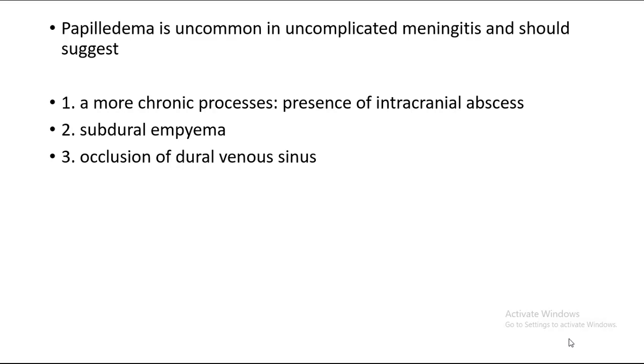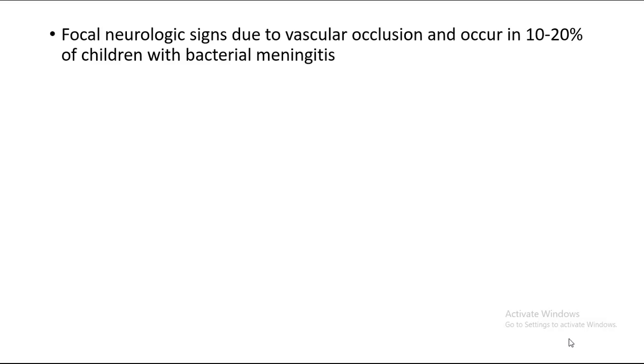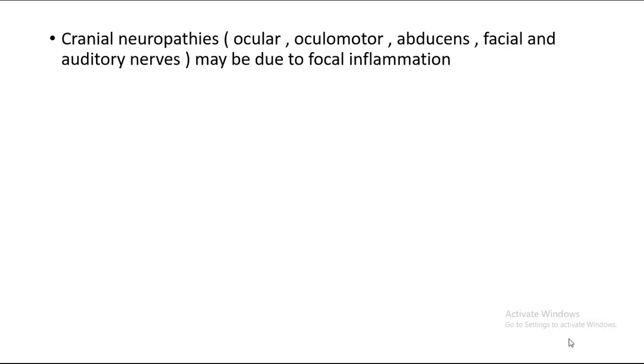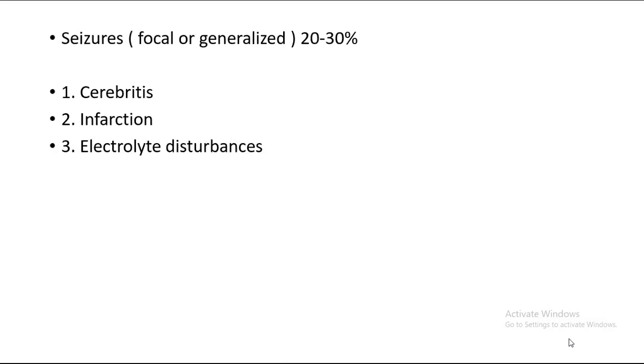comorbid problems. Focal neurological signs are usually due to vascular occlusion, occurring in 10 to 20% of children with bacterial meningitis. And we mentioned what the focal neurological signs are. Cranial neuropathies, oculomotor, abducens, facial, auditory, are usually due to focal inflammatory lesions.